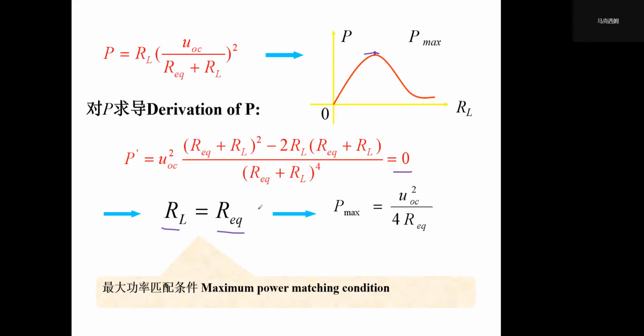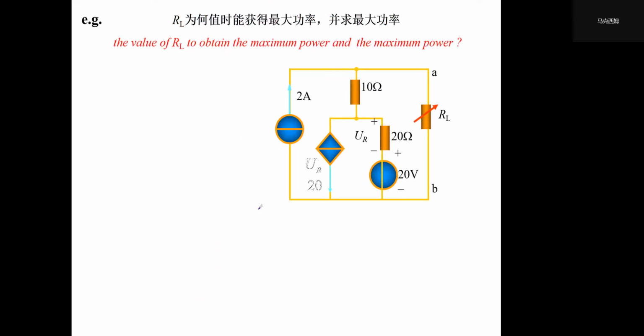And the maximum power equals the square of the open circuit voltage over 4 times the equivalent resistance.